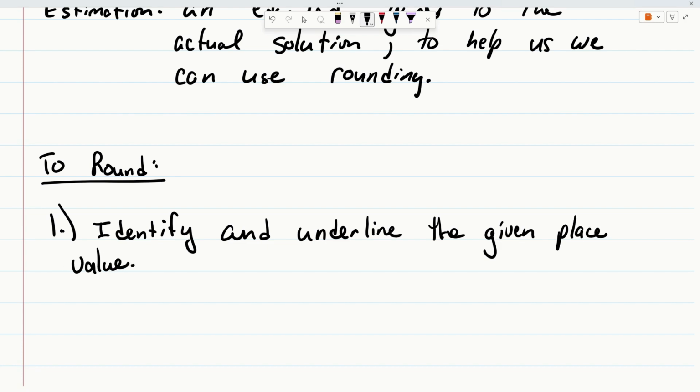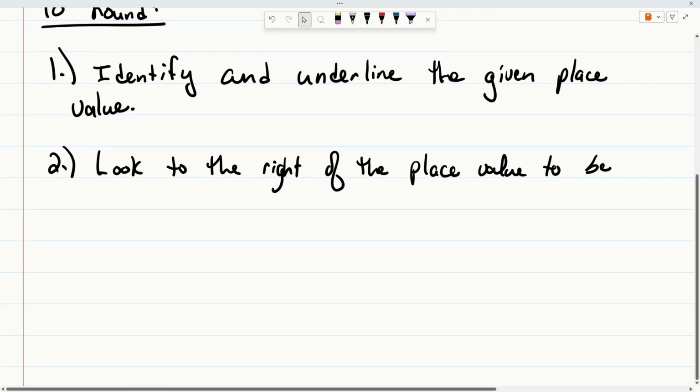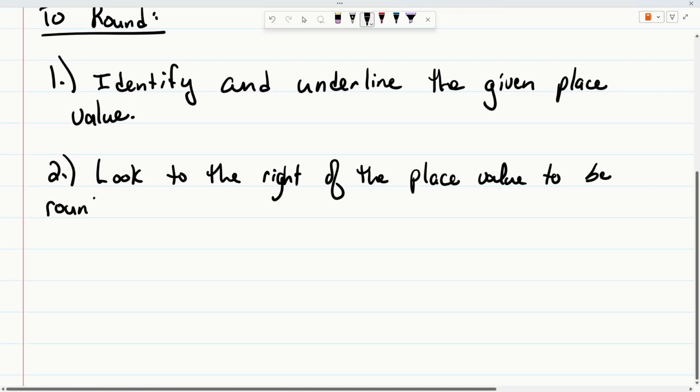Second thing we do is look to the right of the place value to be rounded. And I like to draw an arrow.